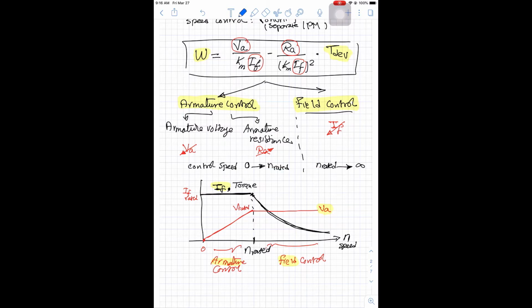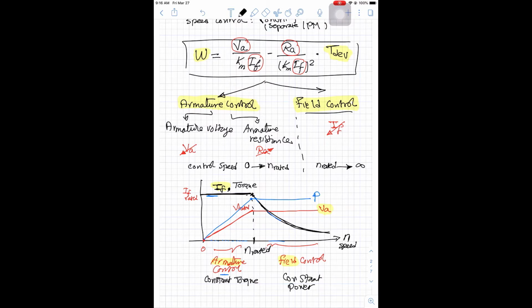For armature control, the torque is constant while the speed is increasing, so the power will be increasing. In field control, the torque is going down while the speed is increasing, so the power will be constant. These are the important variables for the different control methods. We can name armature control as constant torque, while field control we can name as constant power.